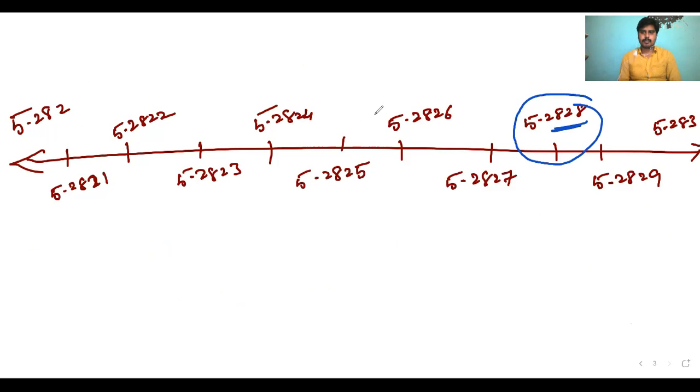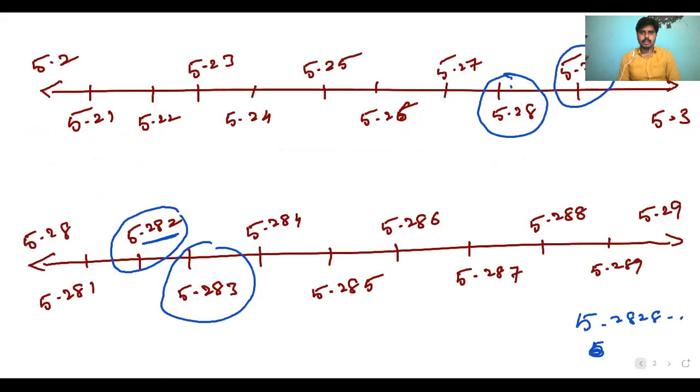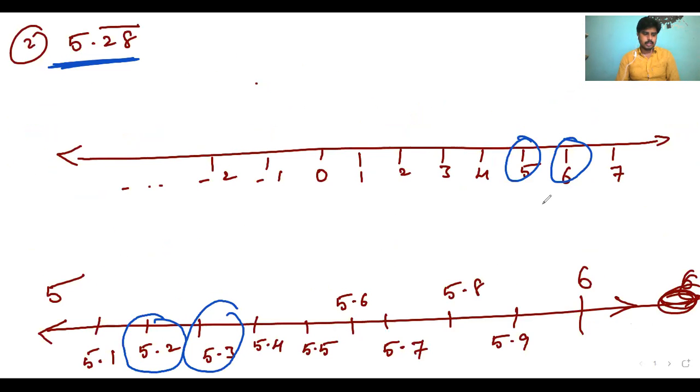Here we can write 5.28 lies between 5 and 6. And here also we can write 5 less than 5.28 bar less than 6.